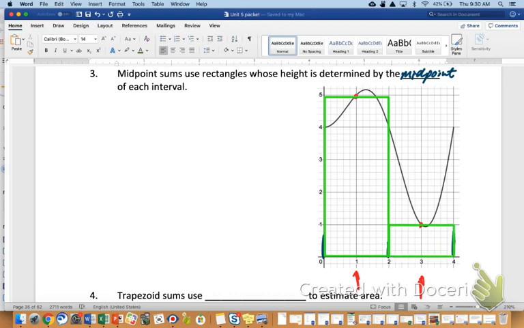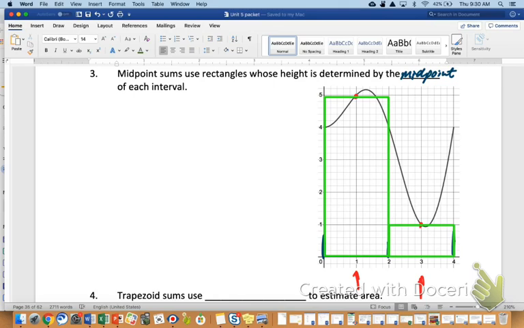So maybe use that rectangle. You can see that this rectangle happens to mostly be under the curve. Maybe there's one little part where it's a little bit above. But these would be 2 midpoint sum rectangles. And once again, to approximate the area, we would simply find the areas of those rectangles and add them up, and that would be our estimate for the area.